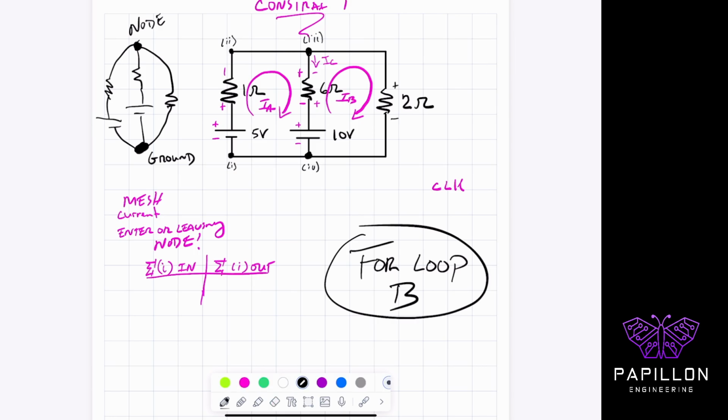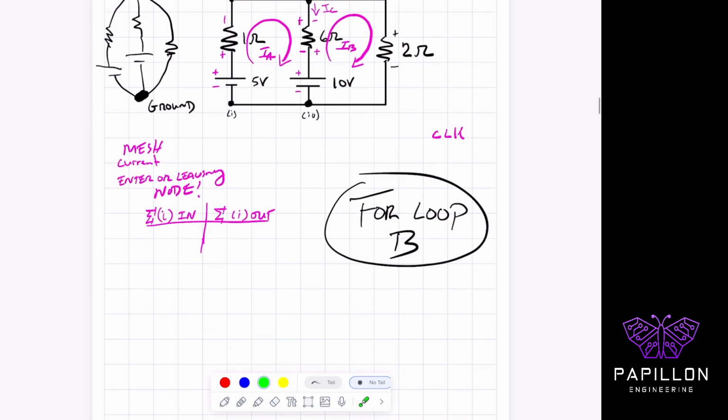So now we're looking at loop B. Loop B is the right hand side. So how can we possibly enter the positive terminal? Remember, that's our goal, to enter the positive terminal. Well, the only way to enter the positive terminal of this resistor here is if we're going clockwise, entering that positive, and then we go down here, then we come back over to minus 10 volts, and we're going up and entering this positive terminal here, which is very important.